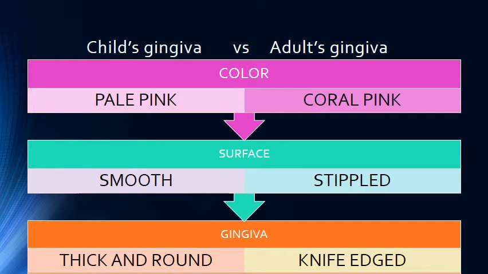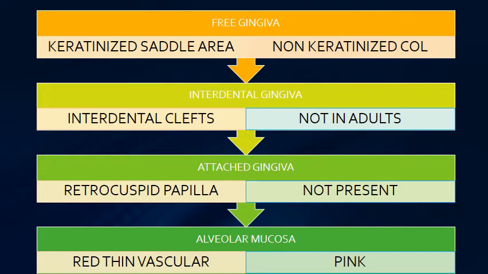Let's do a quick summary of the points of variation between the child's gingiva and adult gingiva. So, the child's gingiva is pale pink, it is smooth surfaced, it is thick and rounded. We have keratinized saddle area. We have interdental clefts because the interdental spacing is more in child's teeth setup.